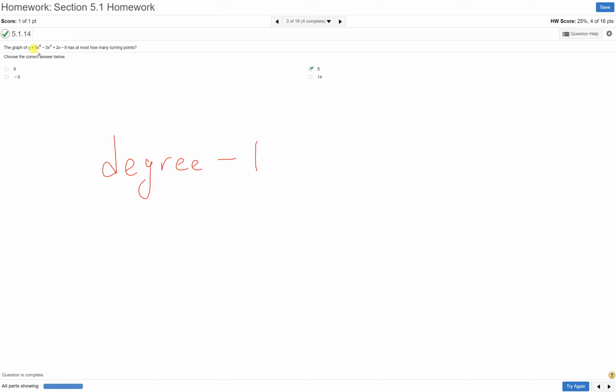For this equation, the degree is 6 because that has the biggest power. We take away 1, so this equation could have up to 5 turning points. It could be less, but up to 5. Remember, when you have the max, it can always go down by 2. It can be 5, or 3, or 1 turning point, but it can't be more than 5.